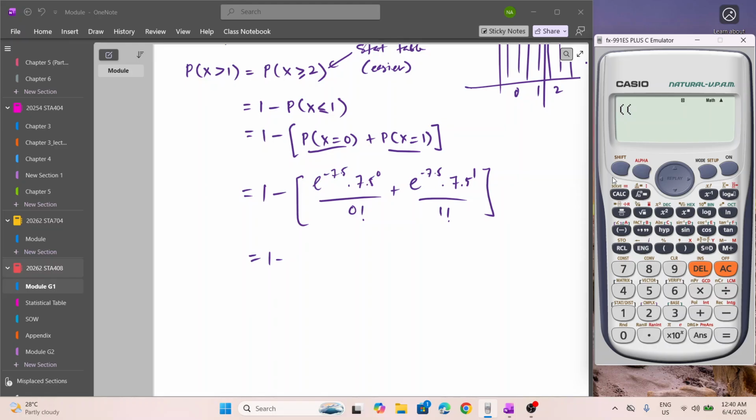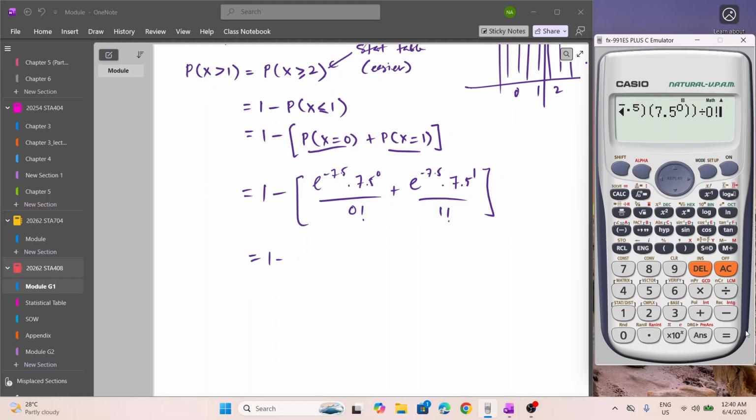Let's proceed with the first one first. Negative 7.5, close the bracket, open the bracket once again, 7.5 to the power of 0, close the bracket 2 times over 0 factorial. Shift and this button.